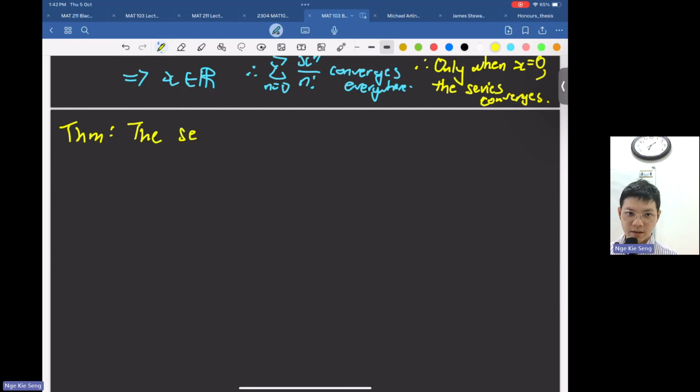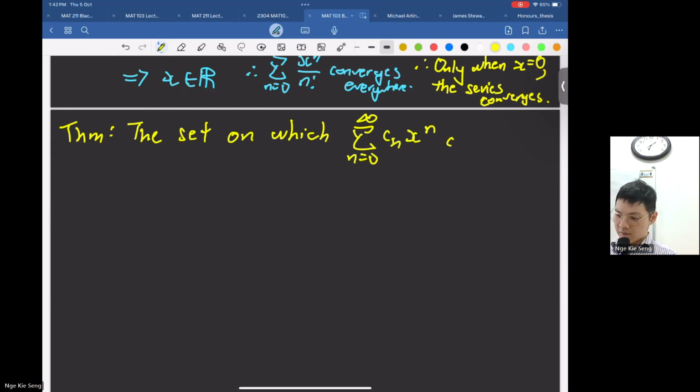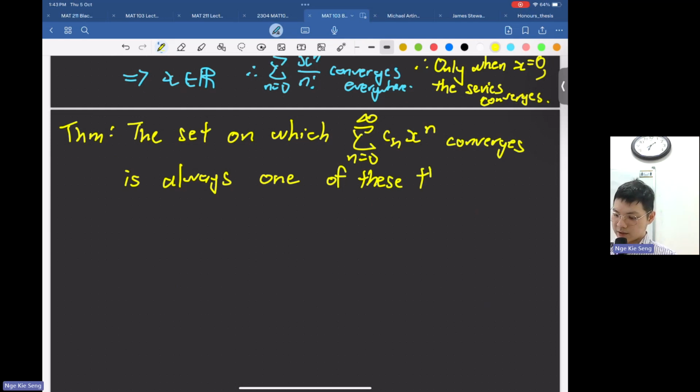The set on which a power series converges is always one of these 3 types.